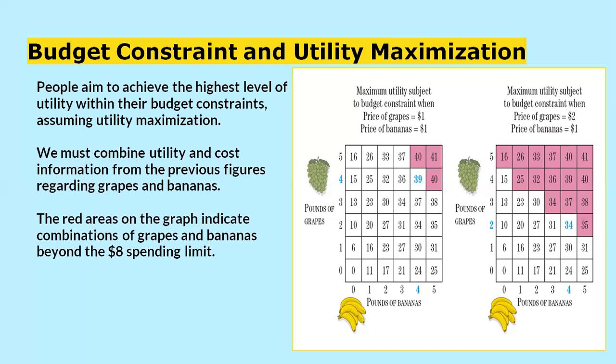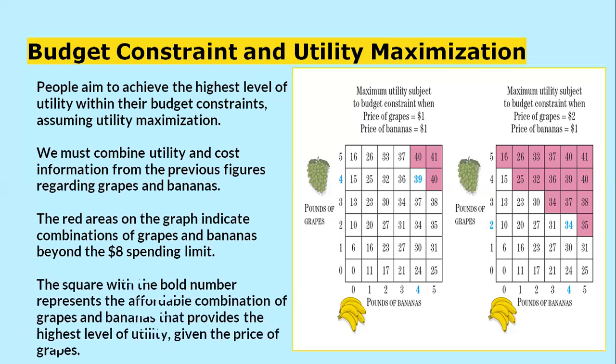The red areas on the graph indicate combinations of grapes and bananas beyond the $8 spending limit. The square with the bold number represents the affordable combination of grapes and bananas that provides the highest level of utility given the price of grapes.